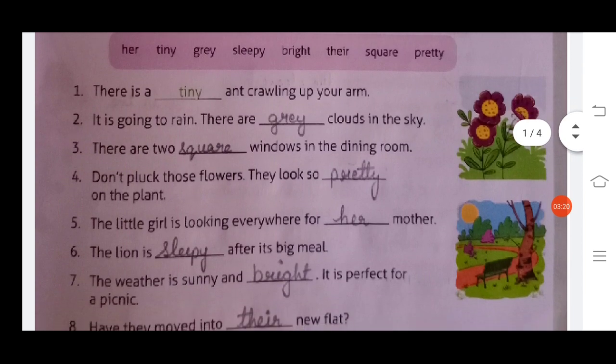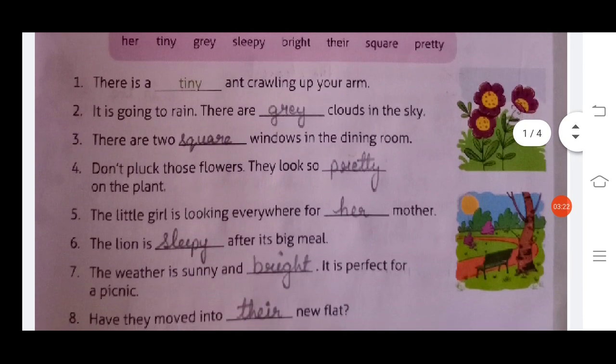Number 1, there is a tiny ant crawling up your arm. We can use the adjective tiny for the noun ant. Tiny ant. Number 2, it is going to rain. There are grey clouds in the sky.